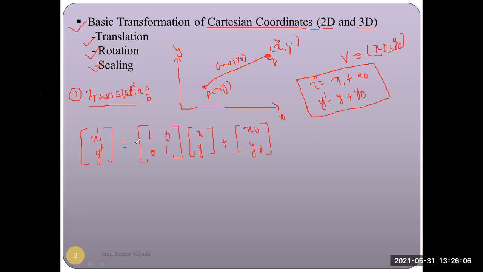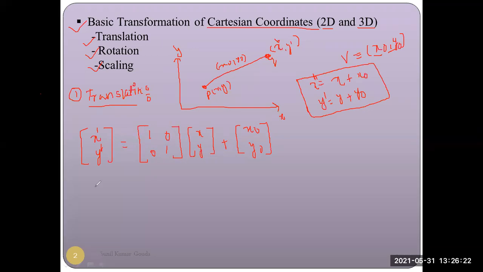Now if you multiply this, we get the exact result: x dash is equal to x plus x naught and y dash is equal to y plus y naught. Now this further can be merged in a single matrix.